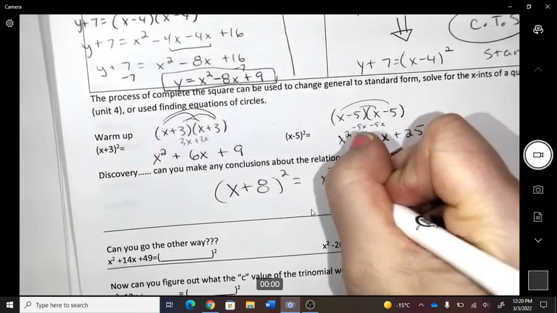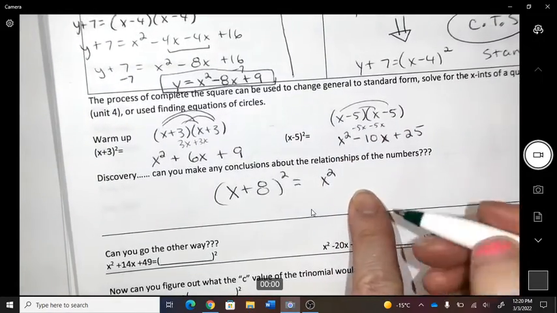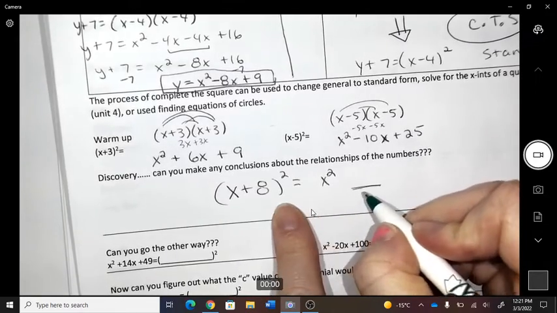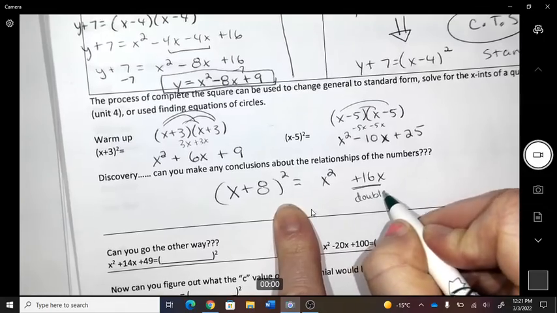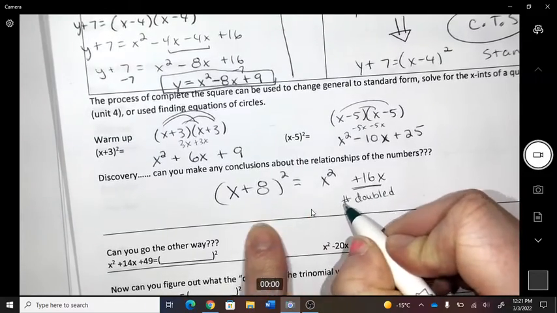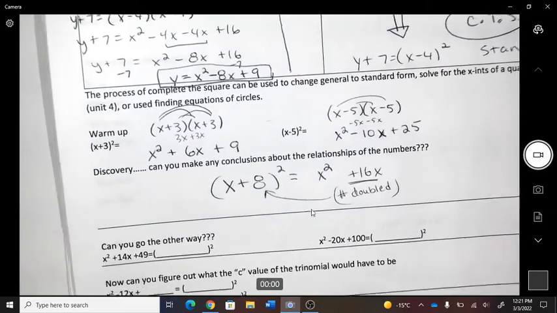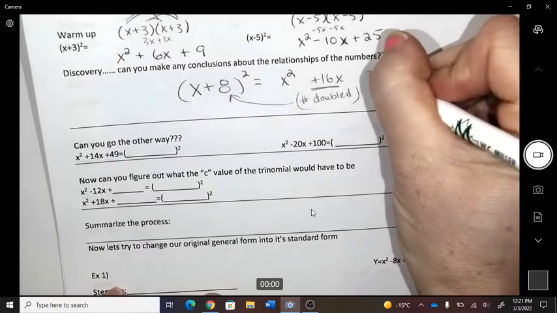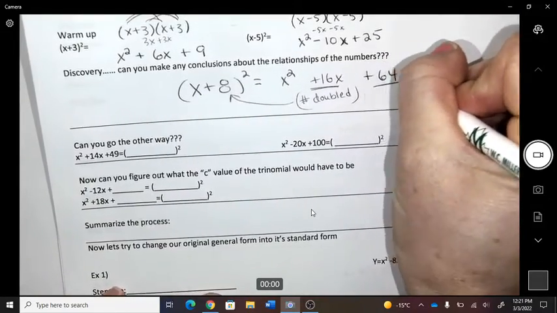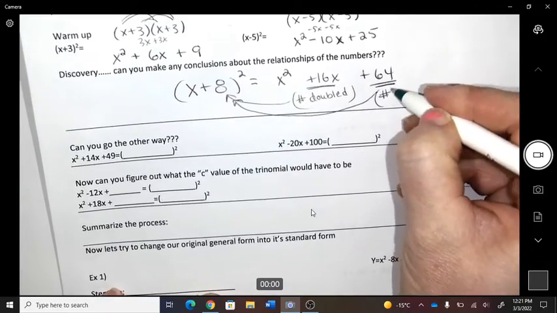So x squared, does anybody know what this is going to be? 16x, because it's that number doubled, yep, times 2, doubled. And what's this going to end with? 64, because it's that number squared.